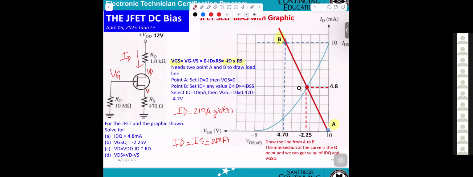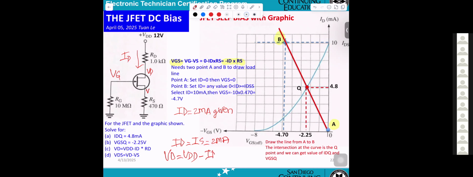So now you can calculate the VS. VS equal IS times RS or ID times RS. Okay? You can calculate the VD. Okay? You understand the VD? That's the difference between VDD minus the voltage drop across RD.